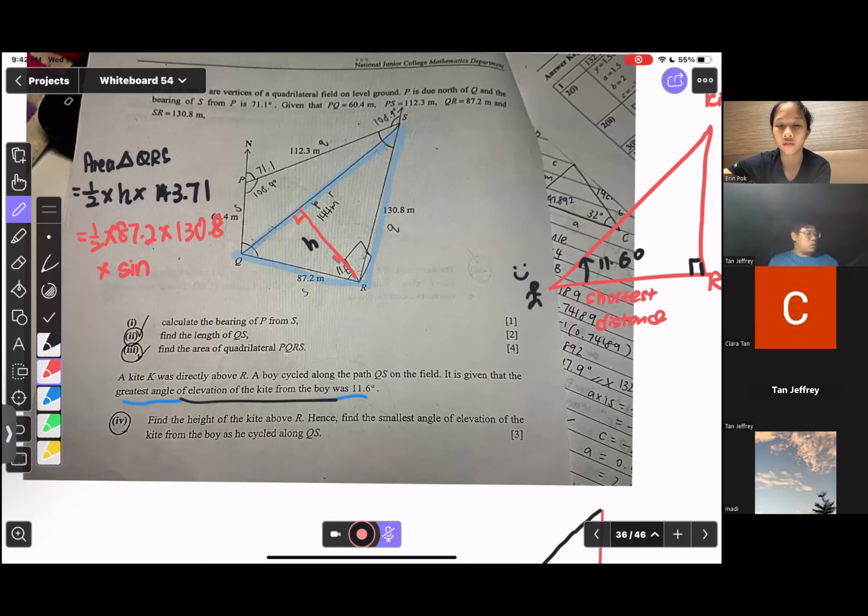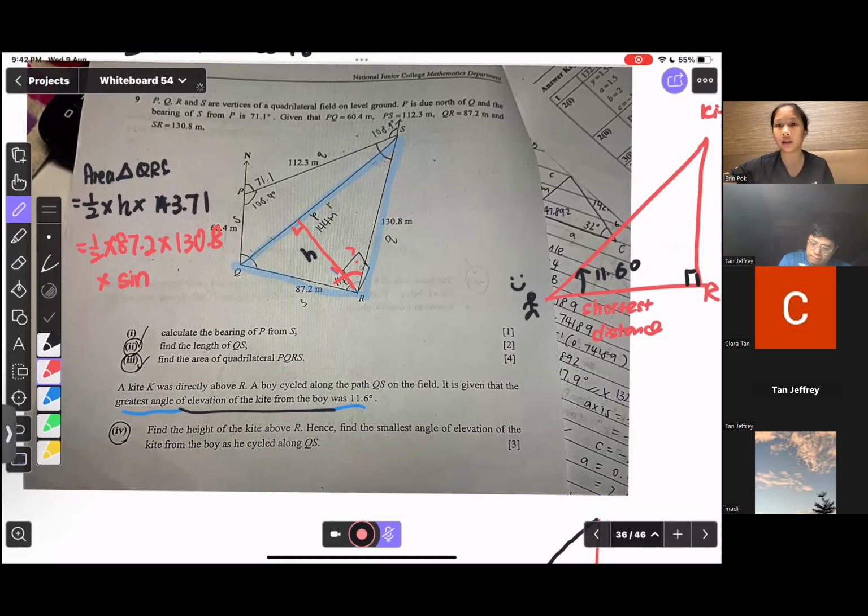What angle is this angle? You should find it. 79.961. Okay. So from here, you can see that you can make your H the only unknown and you can solve for H.